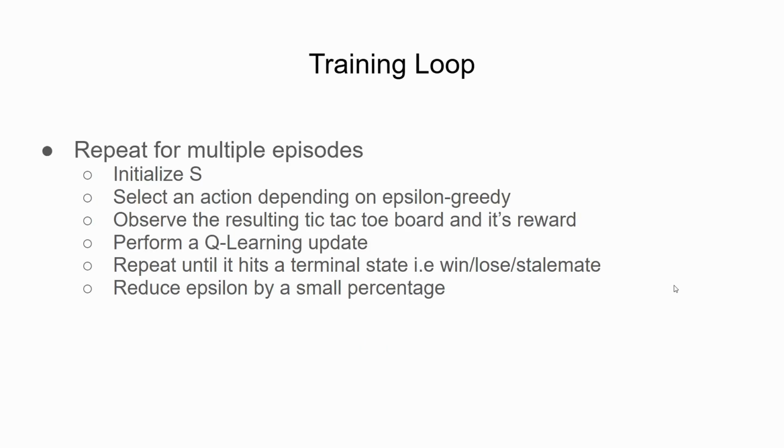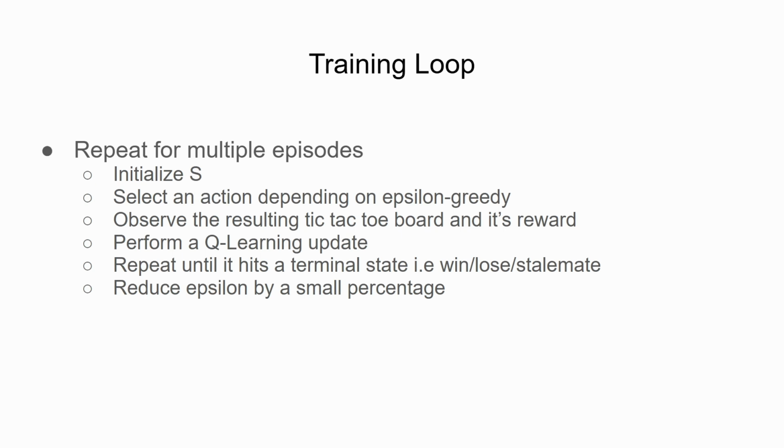Let's talk about our training loop, as this is where the actual learning occurs. Our first step is to initialize S. Store 0.0 for all values of actions that have not been committed yet. This is necessary since if we're going to be taking the max value of all actions in the state, we cannot have undefined values for said actions. Then we select an action depending on the epsilon greedy policy. After that, we observe the resulting Tic Tac Toe board and its rewards.